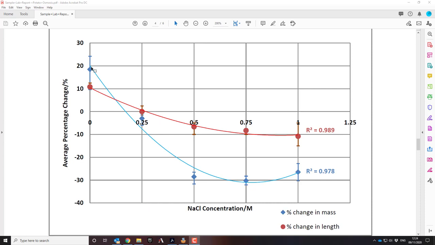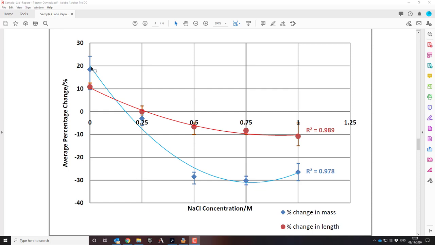So if I've got a very concentrated solution of salt, then the water will come out of the potato and go into the salt solution. Conversely, if I've got a very low concentration, then the water will go from the low concentration to try and dilute the higher concentration inside the potato, and the water will go into the potato.